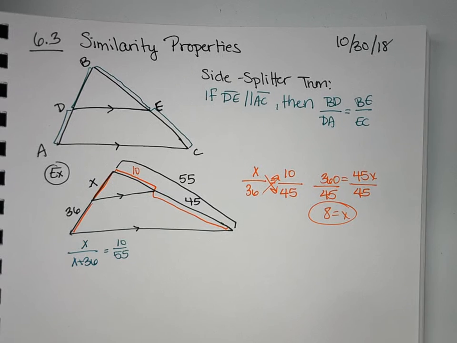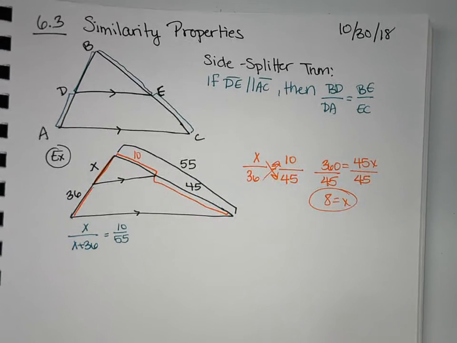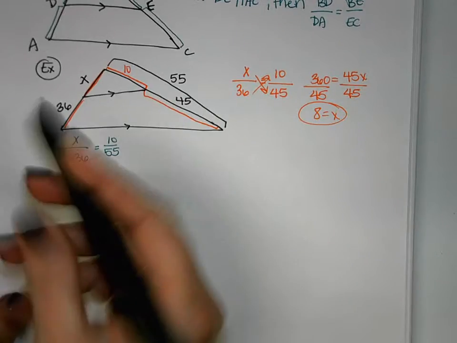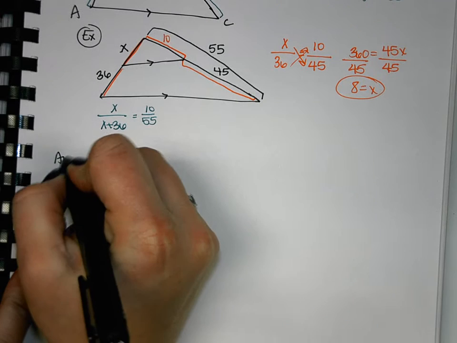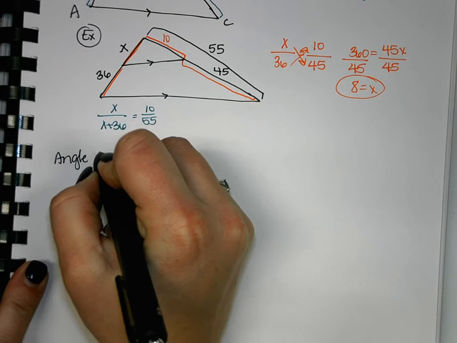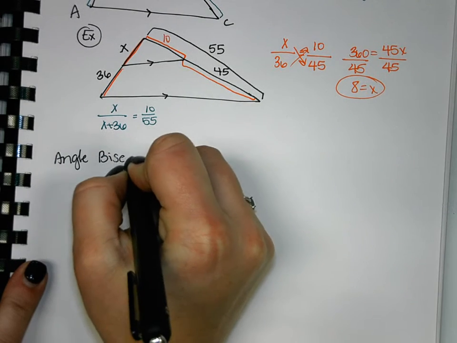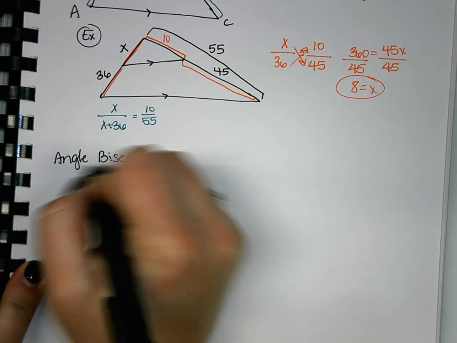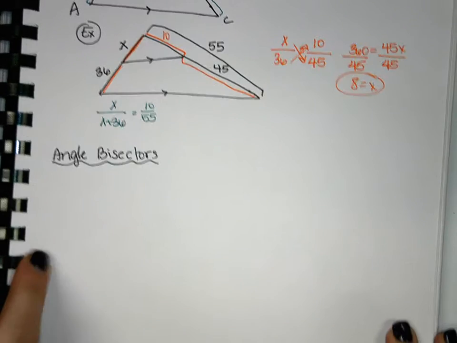Okay, our second theorem that we're going to use to help us set up proportions deals with angle bisectors. So this one doesn't have a fancy name. It's just what happens when you have angle bisectors in your triangle.